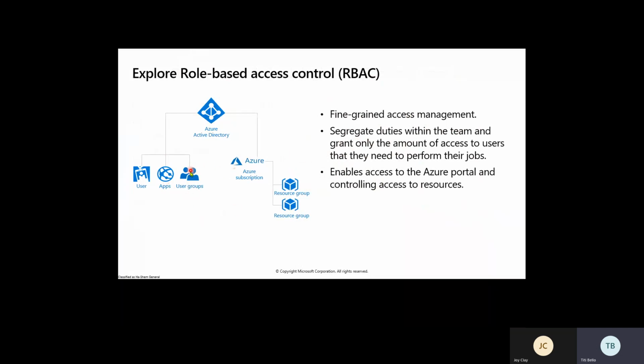If I have a group of people that need similar access, I can create a group and put all those users in that group instead of assigning the role to each of the users one after the other. All I need to do is assign the role to the group, and every member of that group automatically has that role.